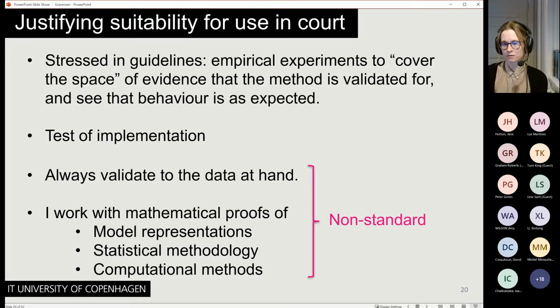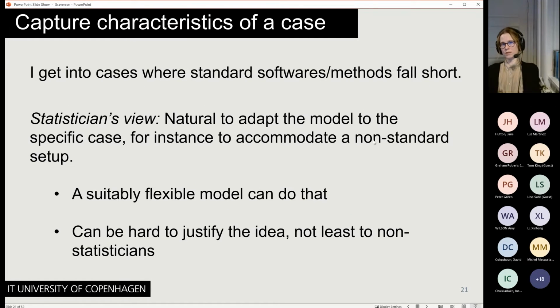And this kind of side note or reflection I had as a statistician, because all of this validation work strikes me that I state in advance what I want to validate for, and then it gets validated.